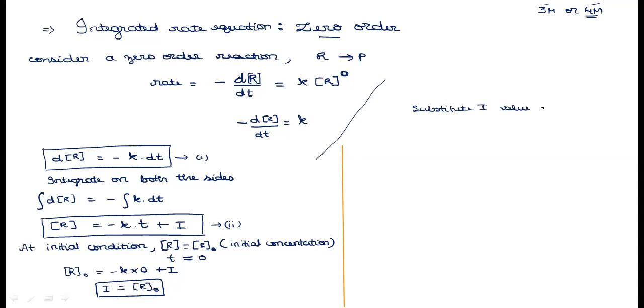Now if we substitute the I value in equation 2, we'll get R is equal to minus K into T plus the I value, which is R naught. We'll consider this as equation 3.